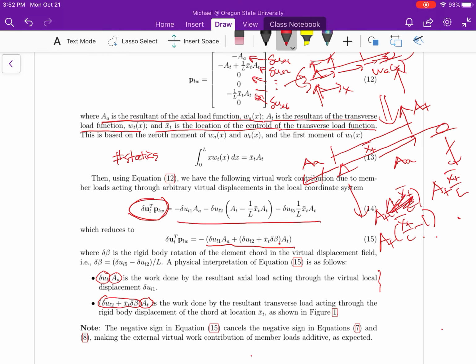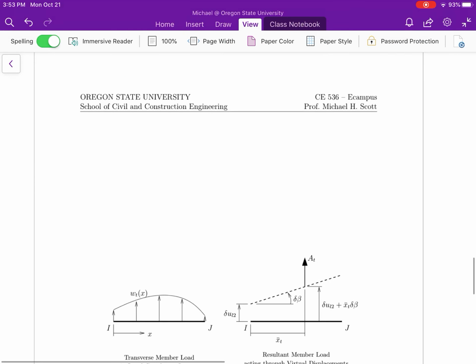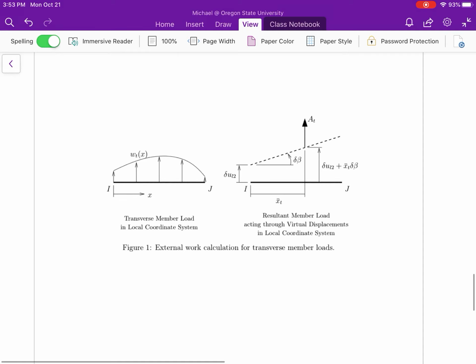So this one is pretty easy to rationalize. This one takes a little bit of inspection to figure out the physical meaning, and that's what we have in this figure down here.